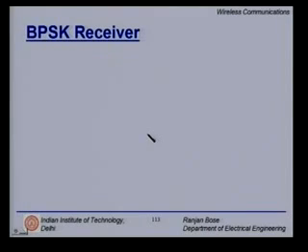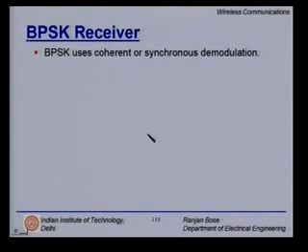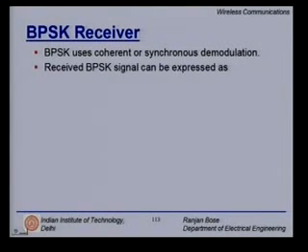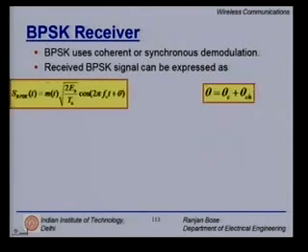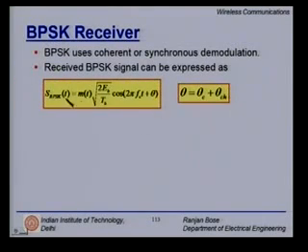Let's talk about the receiver. BPSK uses coherent or synchronous demodulation. What does that mean? I must have the knowledge of the carrier and the phase also. The received BPSK signal can be expressed as S_BPSK(t) in time domain equal to m(t) root 2Eb/Tb cos(2 pi fc t + theta).